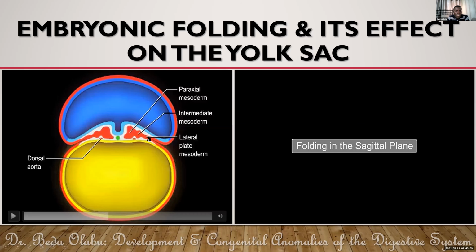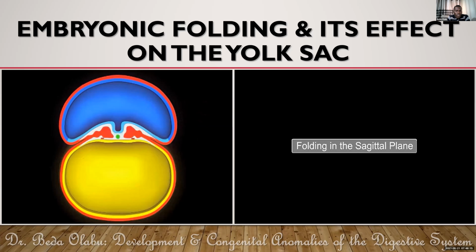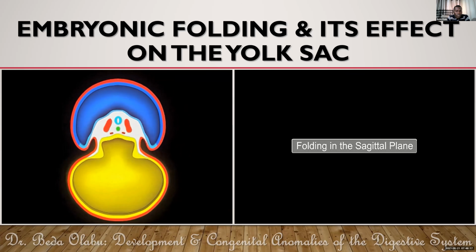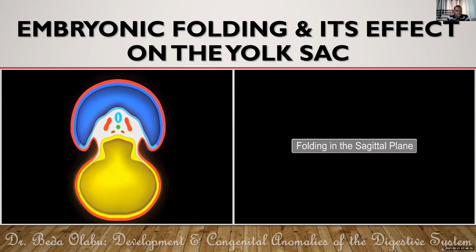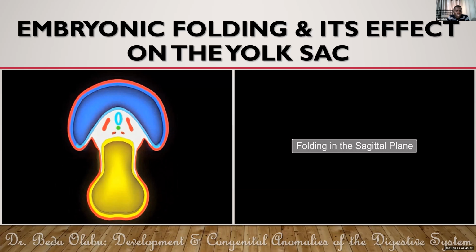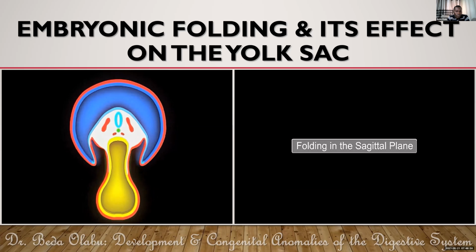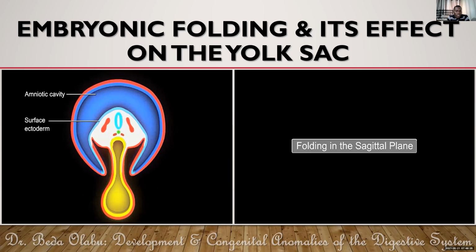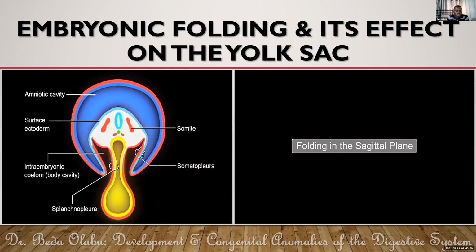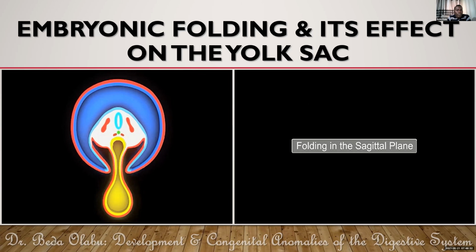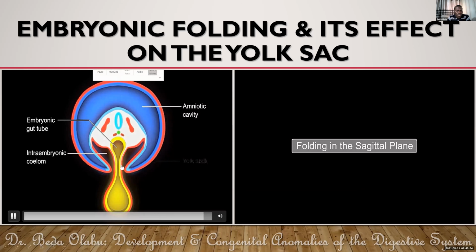Now, transverse folding wants to begin. And look at how it's happening. Look at the impact of the transverse folding on the yolk sac. The yolk sac is shrinking, it's becoming smaller, with some part of it being incorporated into the embryo.